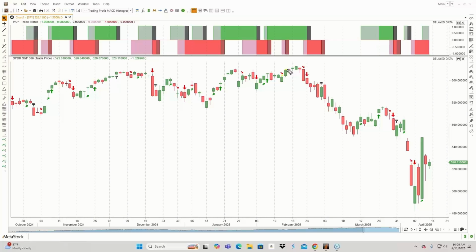So where there's a prior uptrend and a series of higher highs. Now, for a bearish pivot, we're not going to concern ourselves with the low of the candle, because we're looking for a prior uptrend and a series of higher highs. And so we have that here in this case.